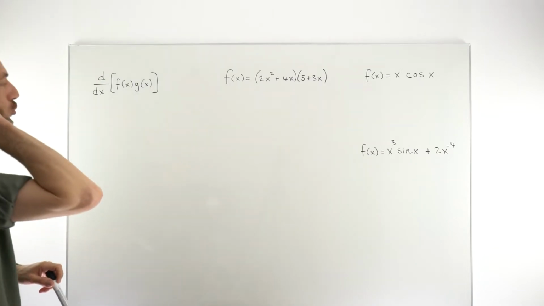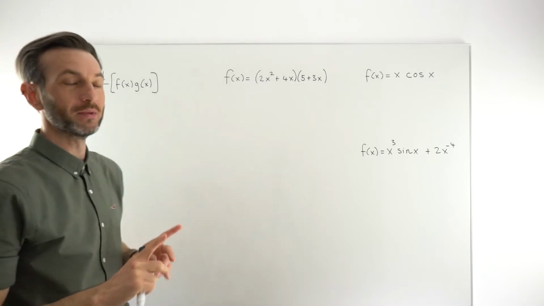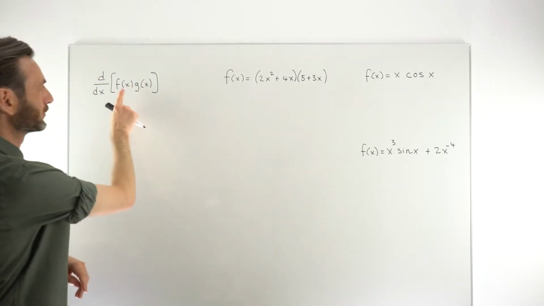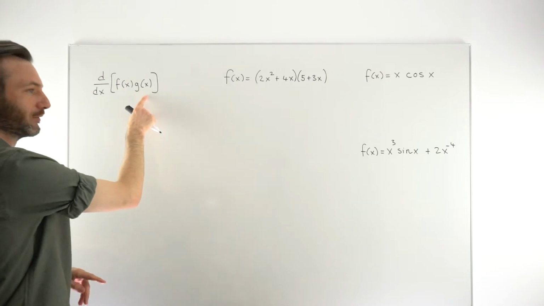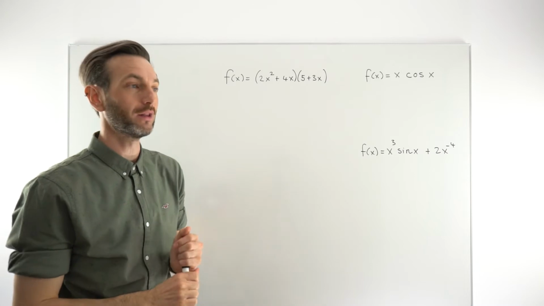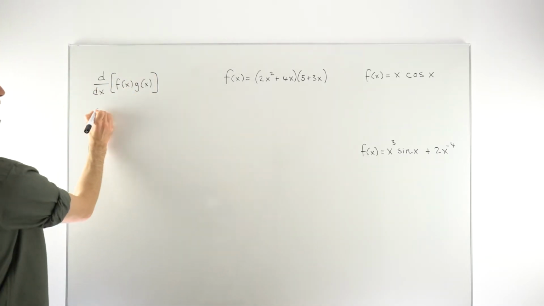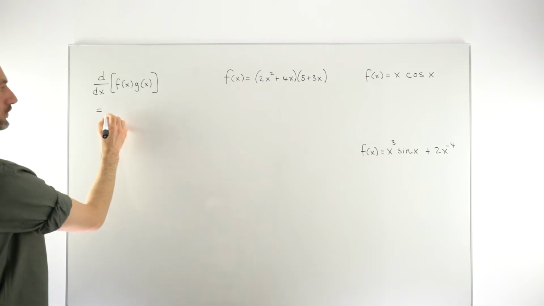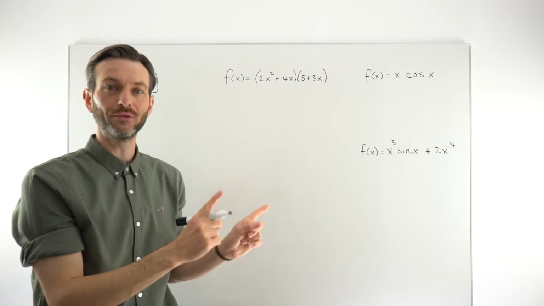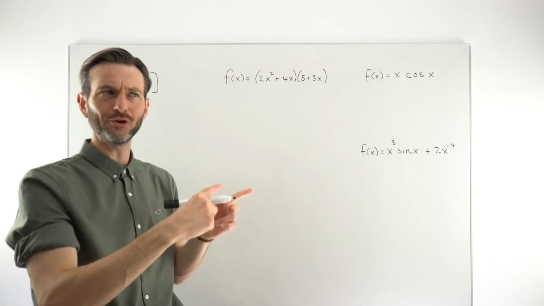Now, intuitively, you might think that the derivative of a product is going to be equal to the product of the derivatives. In other words, take the derivative of f, take the derivative of g, and then multiply those two derivatives together. It doesn't actually work like that. The derivative of this product is equal to the derivative of one function times the other function plus the derivative of the other function times the first function.